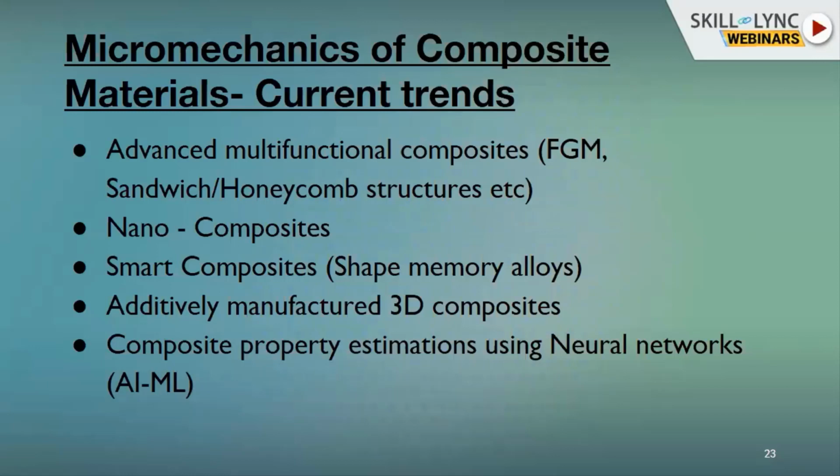Another trend that is happening in composite materials is the use of nanoparticles in composites. They form nanocomposites. The nanomaterials that are available are carbon-based, such as CNTs and graphenes, as well as ceramic-based nanoparticles and ferrous-based nanoparticles. These nanoparticles are mixed thoroughly in the matrix system and then used in the composites.